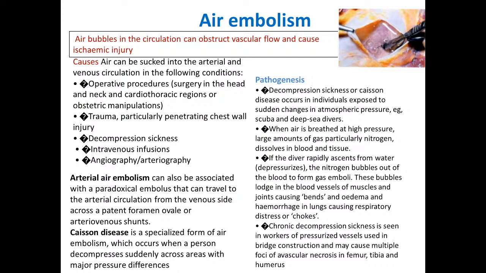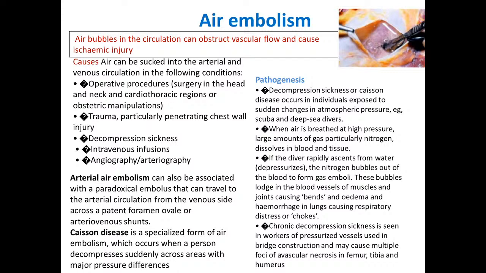Caisson disease is a specialized form of air embolism which occurs when a person decompresses suddenly across areas with a major pressure difference. Pathogenesis: decompression sickness, or caisson disease, occurs in individuals exposed to sudden changes in atmospheric pressure.